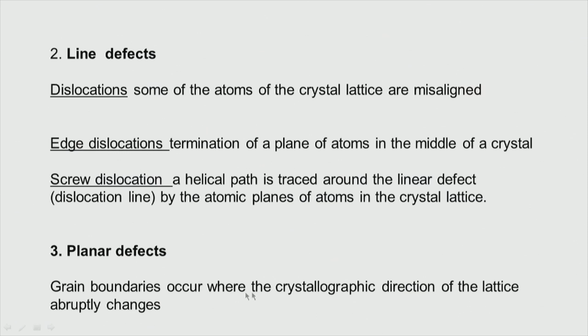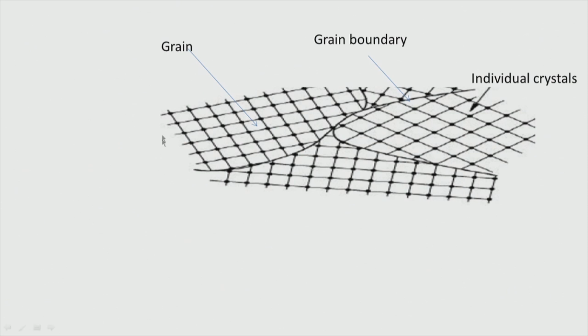Planar defect: grain boundaries occur where the crystallographic direction of the lattice abruptly changes. Instead of a line, the entire plane is defective. Now look at this. In metals you can have individual crystals forming like this, and then there could be other crystals forming, each crystal growing, and finally they end up like this.